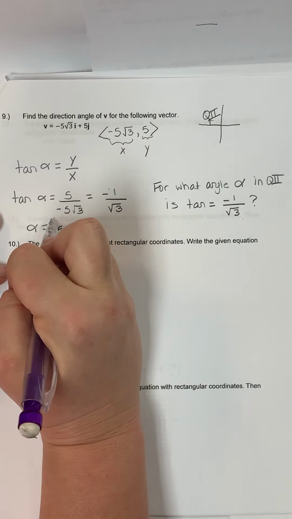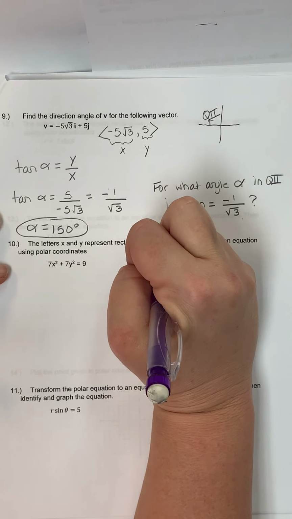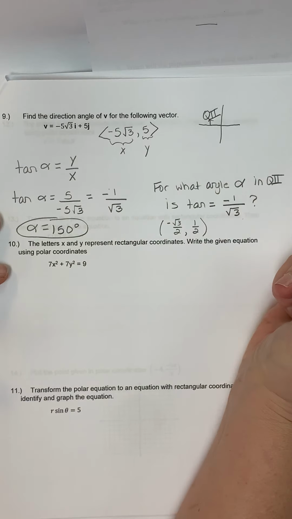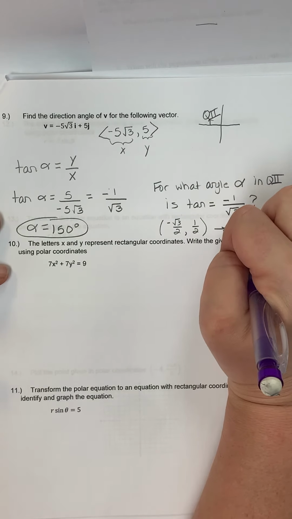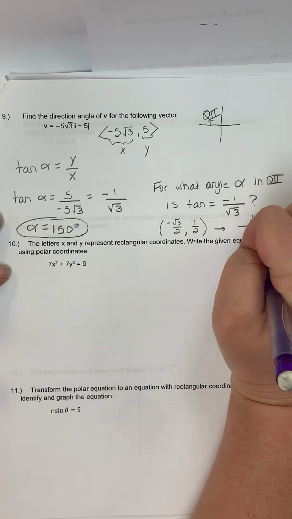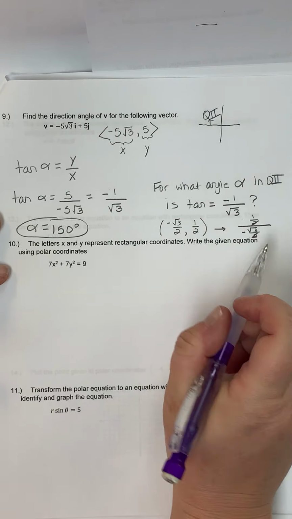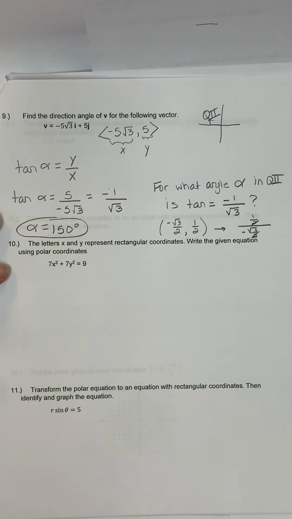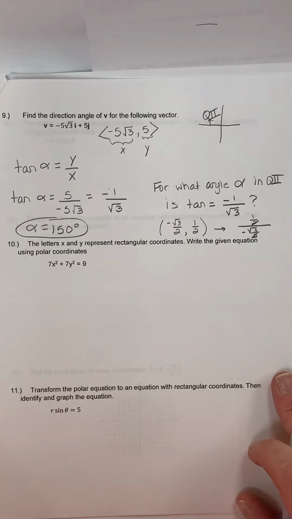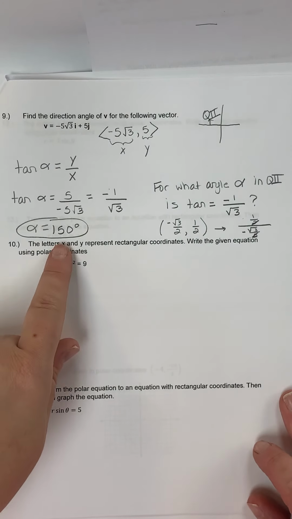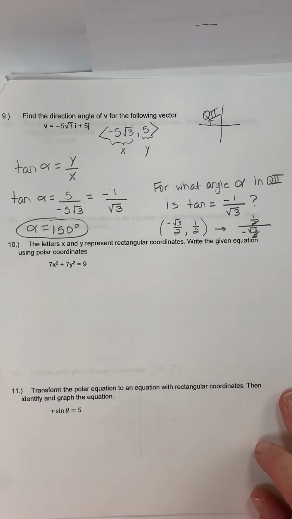Remember that this is the point, so for tangent I would have y over x. My 2's would cancel, and that's where I get that value. That's why sometimes it's easier not to rationalize, so that you see the raw tangent before you start manipulating it. But that's the angle in degrees that we want.